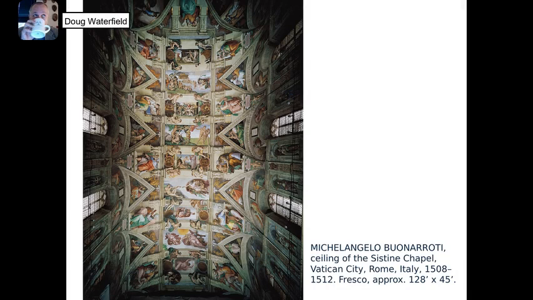And then in this slide, you can see just exactly how vibrant and deep all of the colors are, very bright blues, reds, greens, and so forth. And again, quite shocking to the public when it was first revealed.